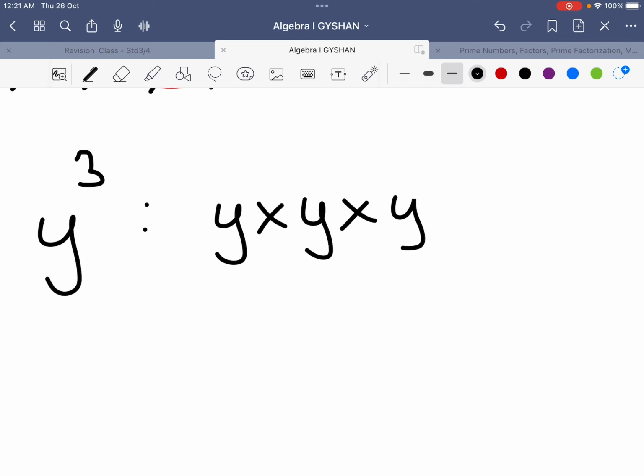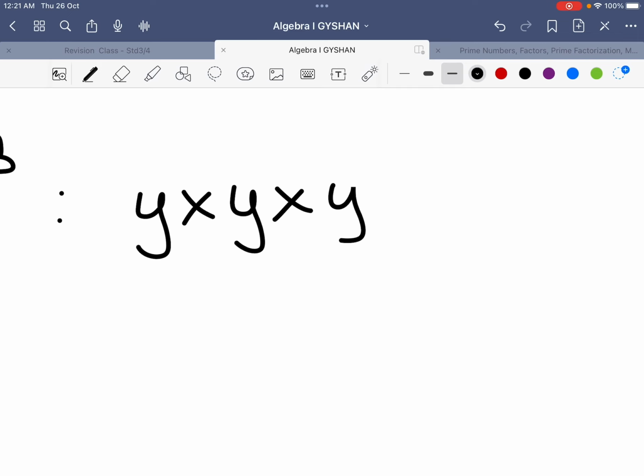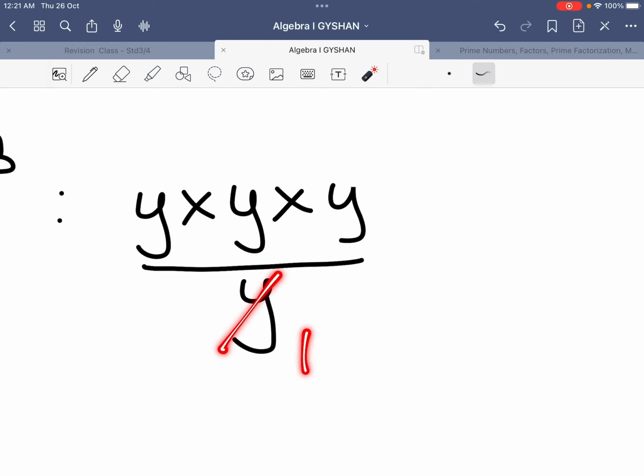So what can go into y? Well, 1, but that definitely won't be the highest common factor. What else? Y can go into y cubed because we can cancel y into y is 1, y into y is 1. So that leaves you with y squared. We can also use y squared as a factor. Y squared is y times y.